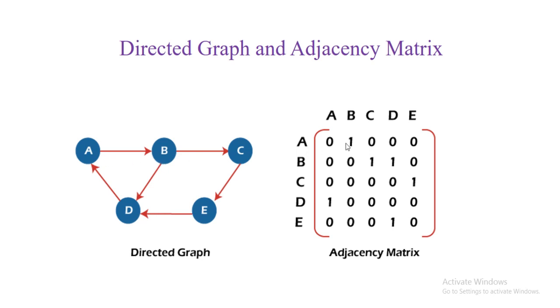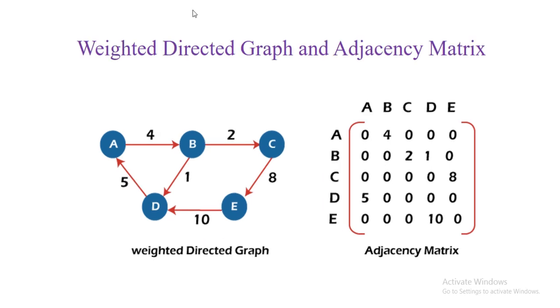So A to B only, not from B to A, because direction is from A to B only. Next, consider B. So B to C is an edge present, B to D is present. So in this way, you can represent the adjacency matrix of the directed graph, because here direction is given.